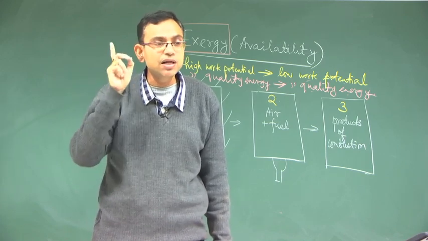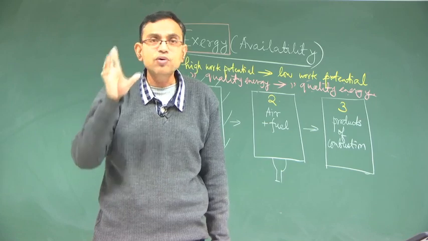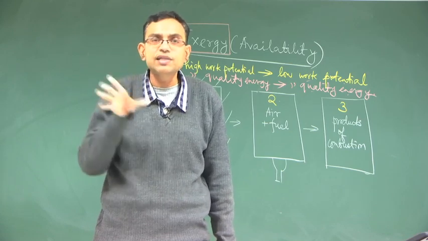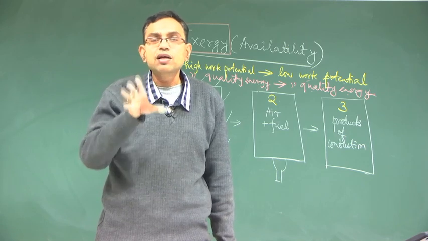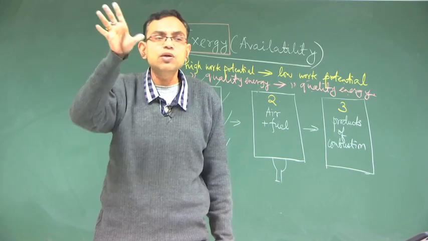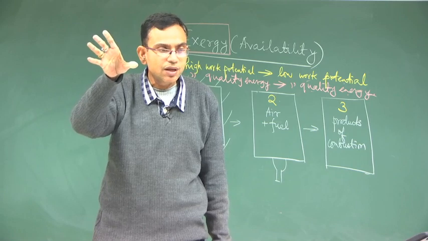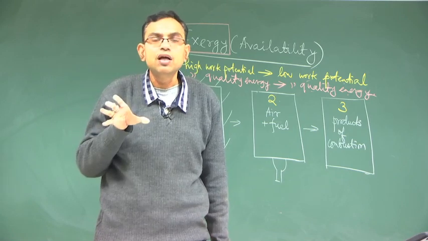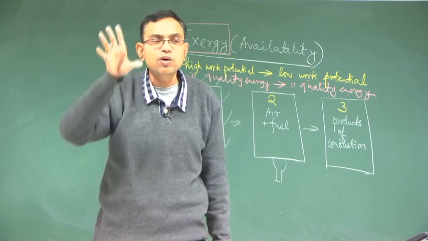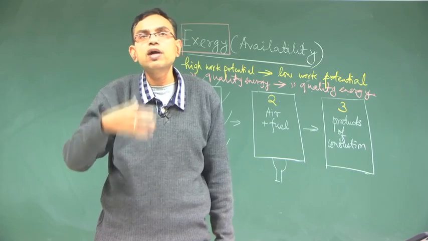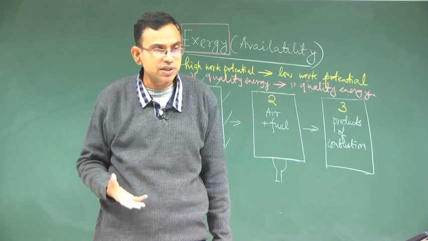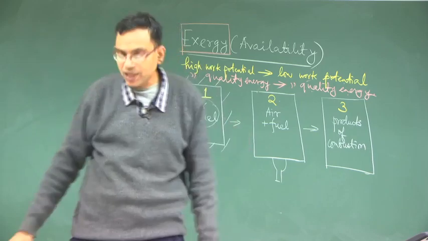The benchmark is a reversible process. Given a set of inputs, what could be the reversible work that you could extract out of it, and then what is the actual work. The difference between the reversible work and actual work is the irreversibility, which is due to entropy generation during the process.